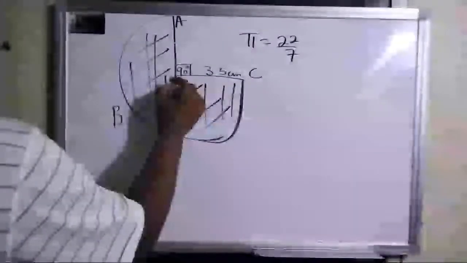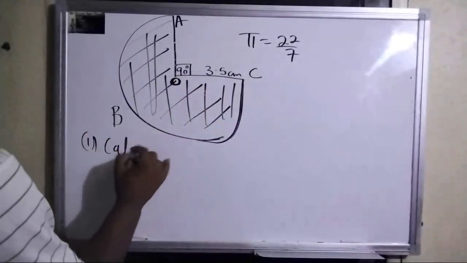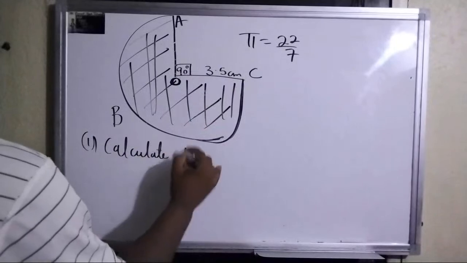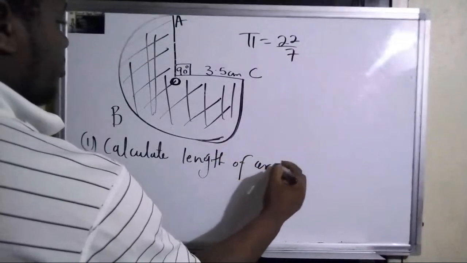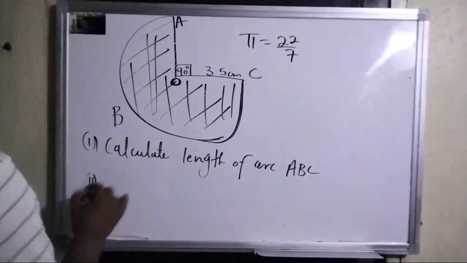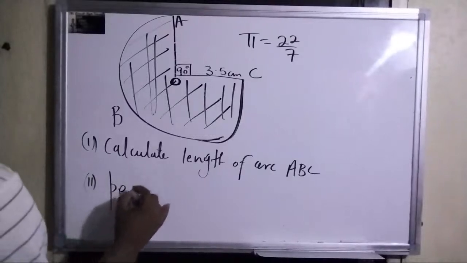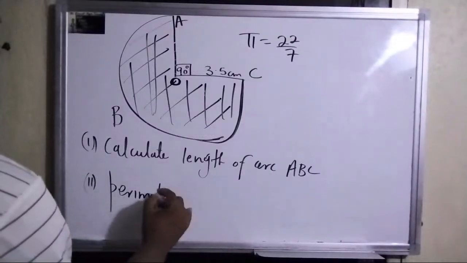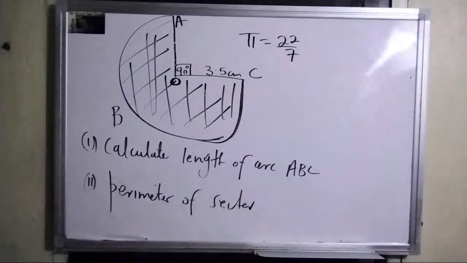And right here is O. So 1, calculate the length of arc ABC, and they say the perimeter of the sector, and that is OABC.